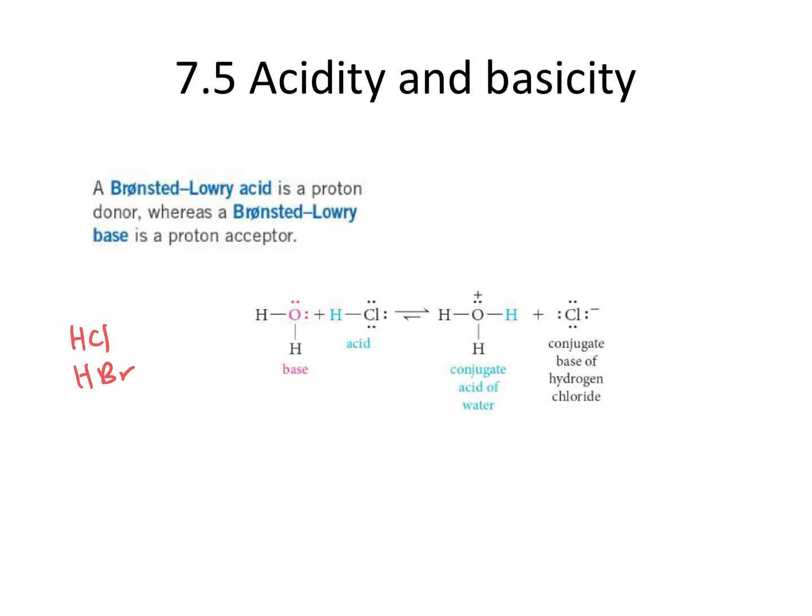So we call H plus a proton. So when something has H and it can donate it, we call that a Bronsted-Lowry acid. And the opposite is when one substance can accept a proton, we call that a Bronsted-Lowry base.